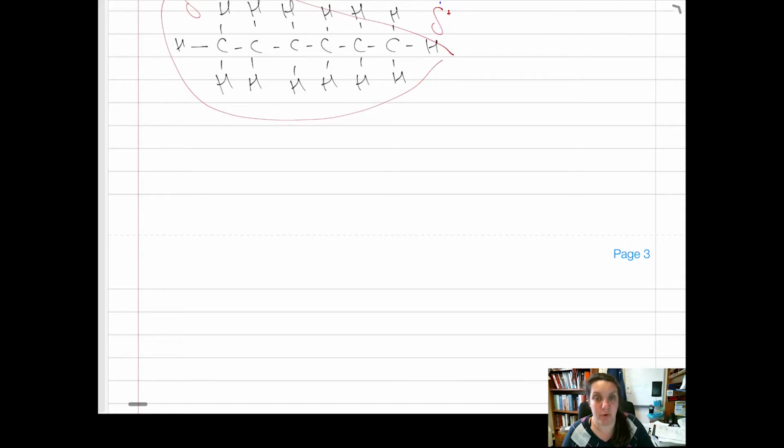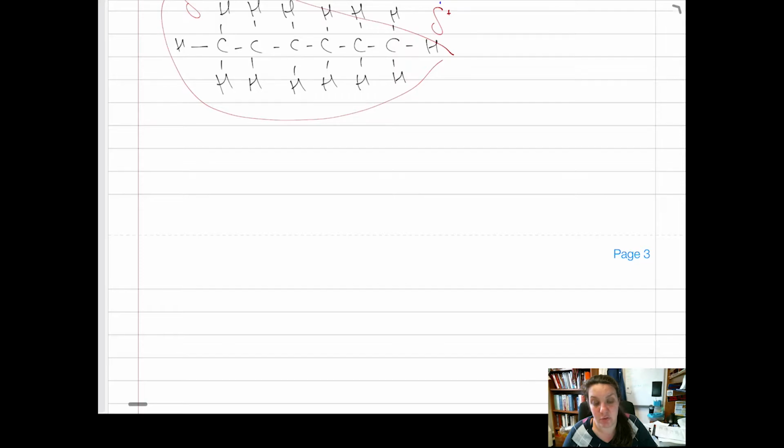So with an induced dipole, it depends on molecular weight and the surface area of the molecule itself. With hydrogen bonding and dipole-dipole interactions, it doesn't matter about your molecular weight. It just matters how much of your molecule is polar. So the more polar, the greater that intermolecular force.